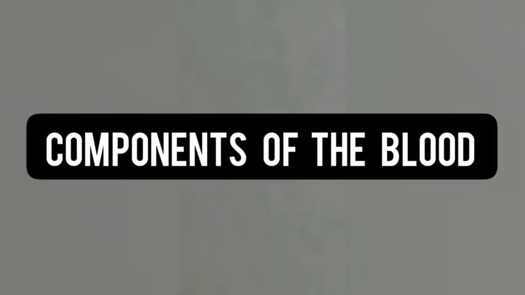You see blood as a red fluid. Only 55% of it is in liquid form. This liquid part is called plasma, and the other 45% of volume consists of corpuscles, which are in solid form.